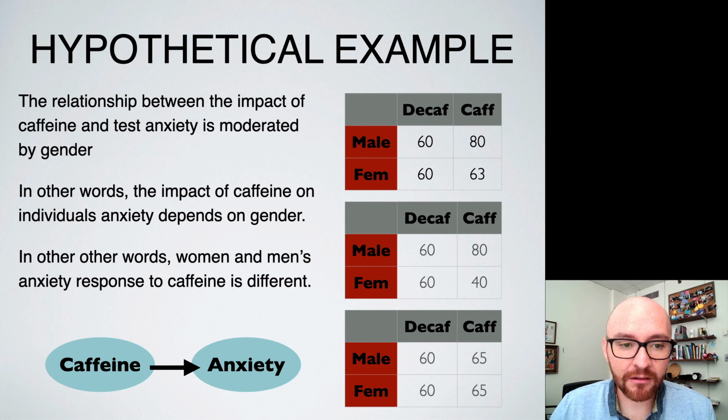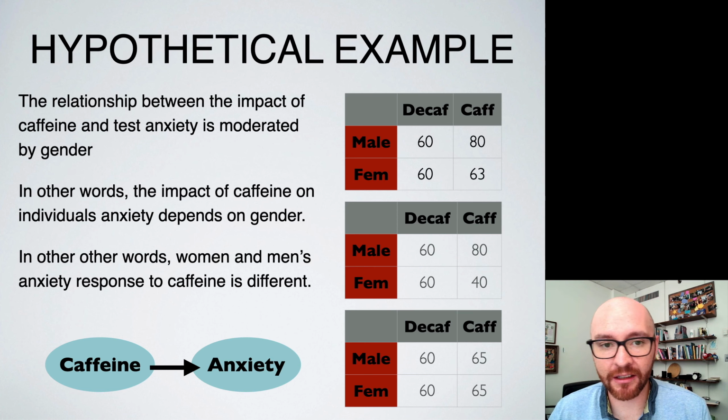Okay, so let's say you have a study that's looking at the relationship between caffeine and anxiety. Let's say that you have a correlation there, a bivariate correlation, meaning that people who report drinking more caffeine tend to be more anxious. It looks like there's a relationship there.